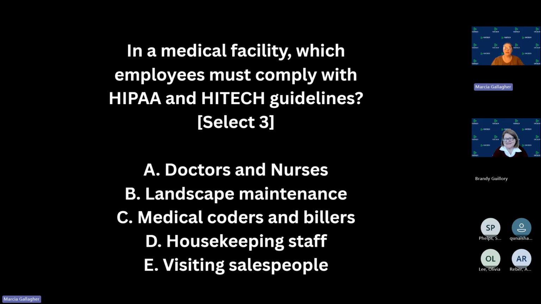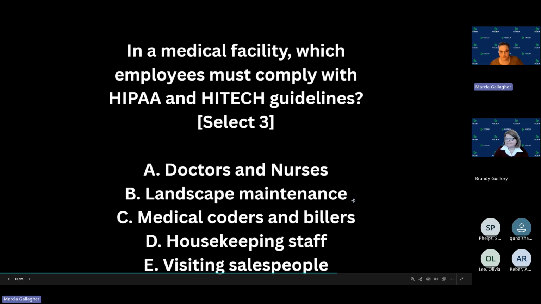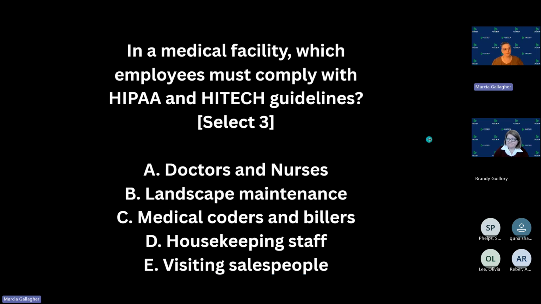She had to sign a HIPAA agreement that she was not going to share any information she could possibly have seen. So you're absolutely right. Landscape maintenance, they don't come in the building. And visiting salespeople should never be in a spot where they could actually see protected health information.